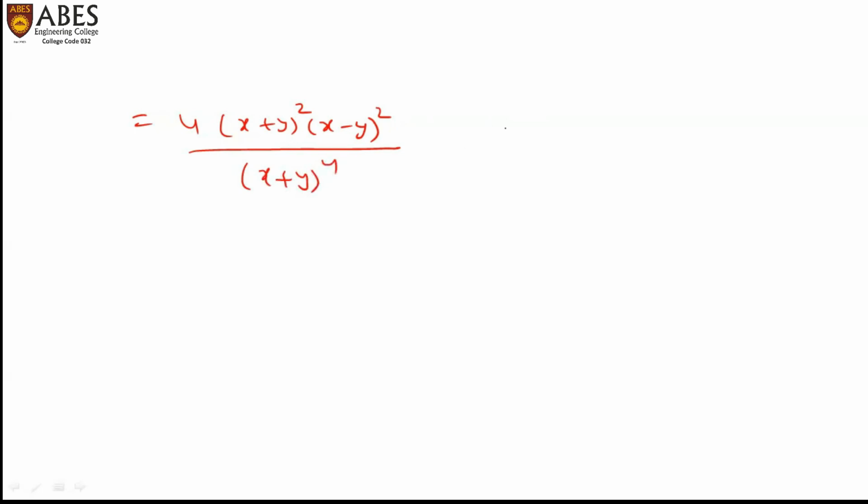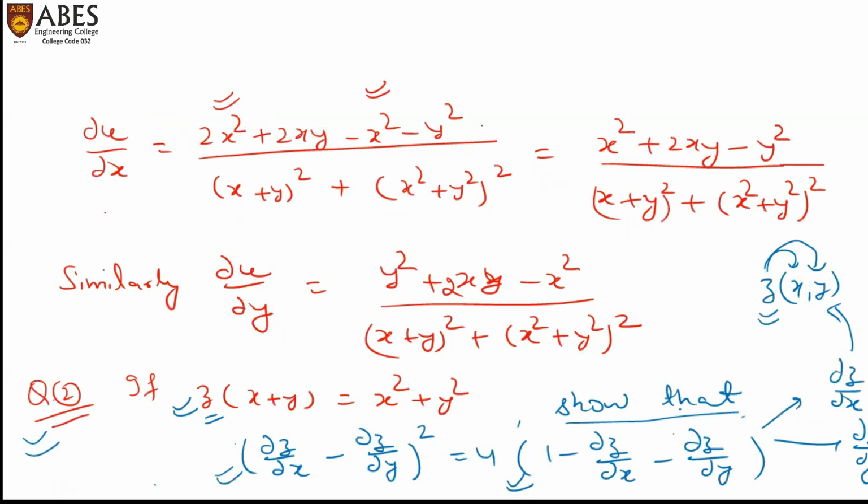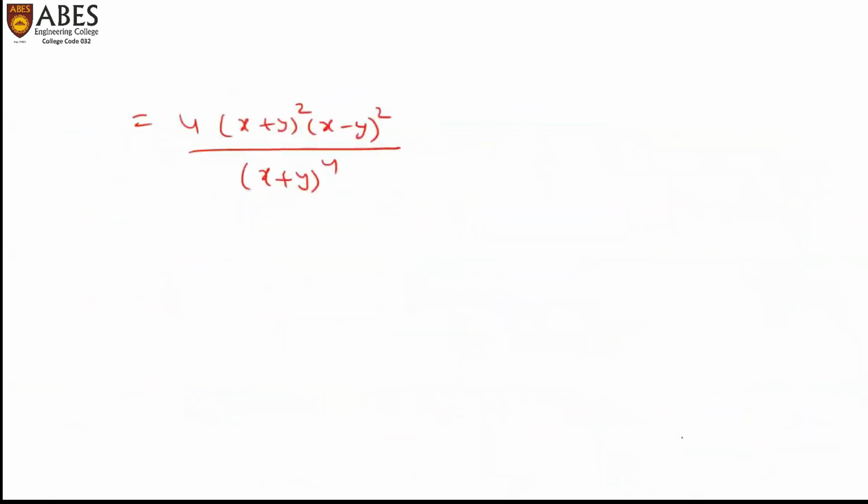So this is the left hand side. Now we'll go for the right hand side. What is the right hand side? Right hand side is 4 into 1 minus del z upon del x minus del z upon del y. So we have to subtract both the derivatives from 1 and then multiply by 4.